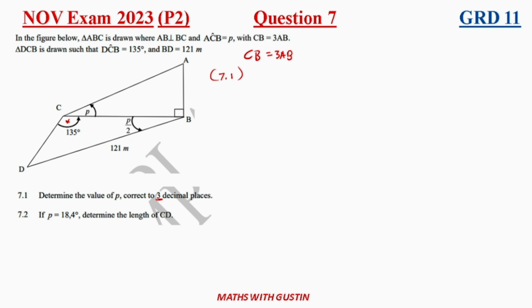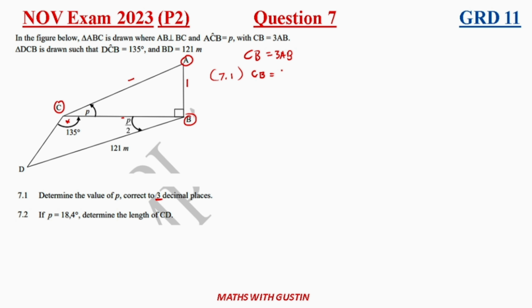correct to 3 decimal places. Okay, so if you have a look, we are working with this triangle here, triangle ABC, which is a right angle triangle, but we don't have any sides here. They are not given any sides. However, they do give us a ratio which says that CB is equal to 3 times AB.